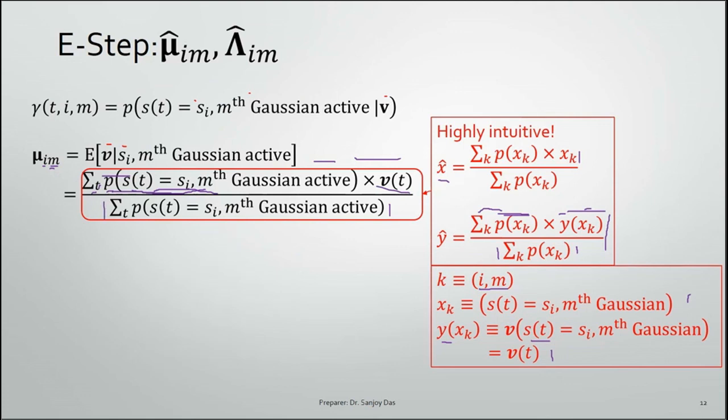Now comparing it with gamma tim, these probabilities are actually nothing but gamma tim. Therefore, directly from this expression here, we get the mu im estimate equals summation over t of gamma tim times output vector v of t, divided by summation over t of gamma tim.